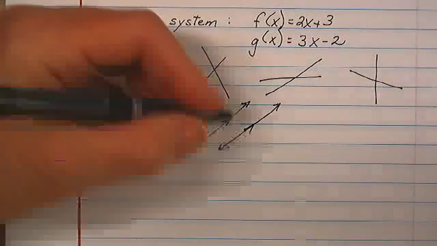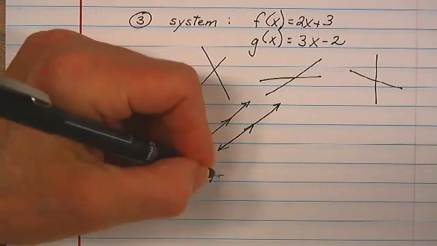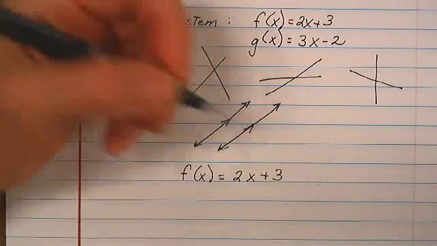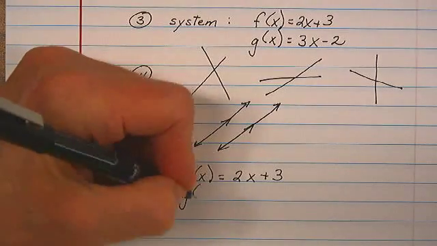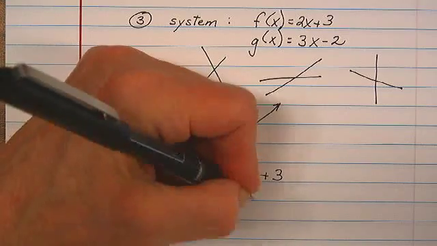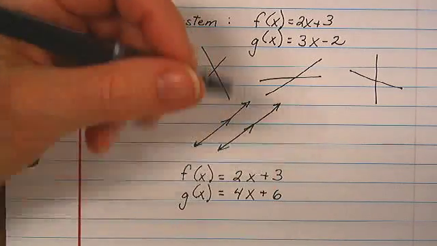For example, f of x equals 2x plus 3, g of x equals 4x plus 6.